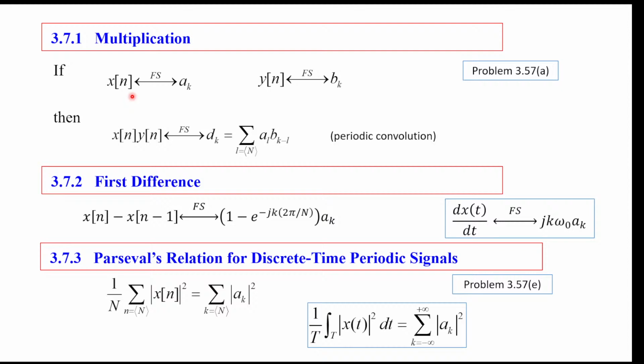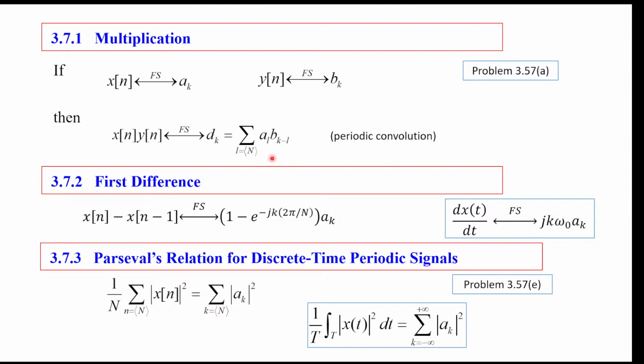So we see that if we have some x of n with Fourier series coefficient ak, and some y of n with Fourier series coefficient bk, then the signal x of n times y of n will have the Fourier series coefficient equal to the summation over l of al times b k minus l. We can think of this as a periodic convolution.